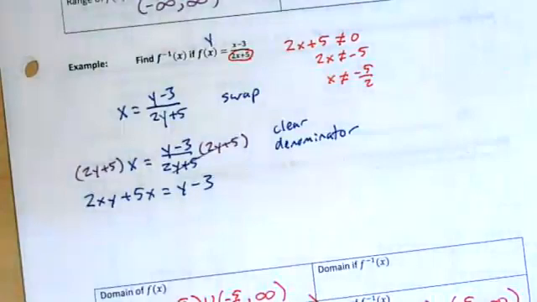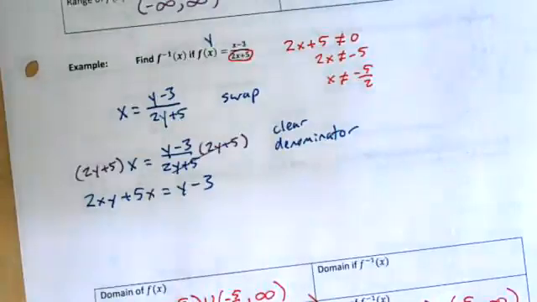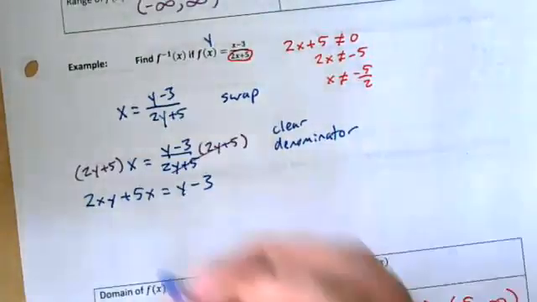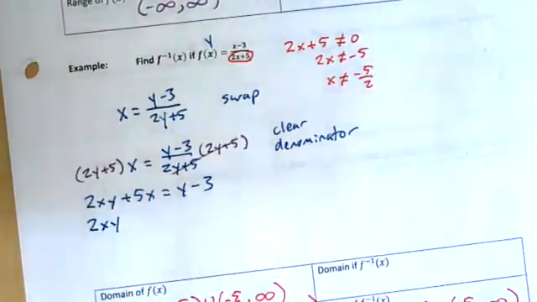Feeling okay? All right. Now we need to get y by itself. We've got y in 2 different places, and the real problem is we have y on 2 different sides of the equation. So my next step is going to be to collect all the y's on one side and anything else on the other side. I usually get the y terms on the left. So I'm going to leave this 2xy here because it does have a y in it.